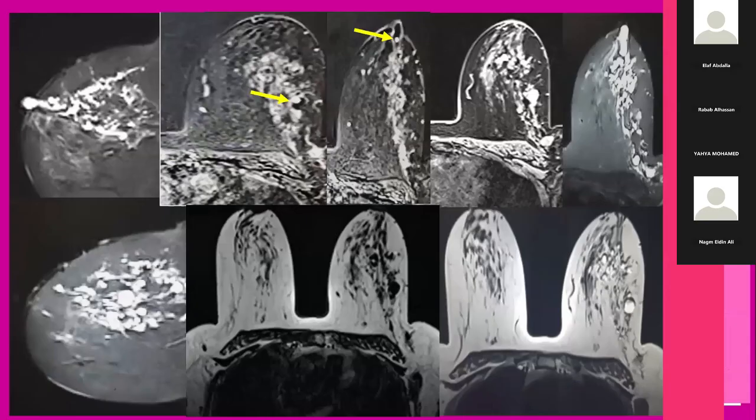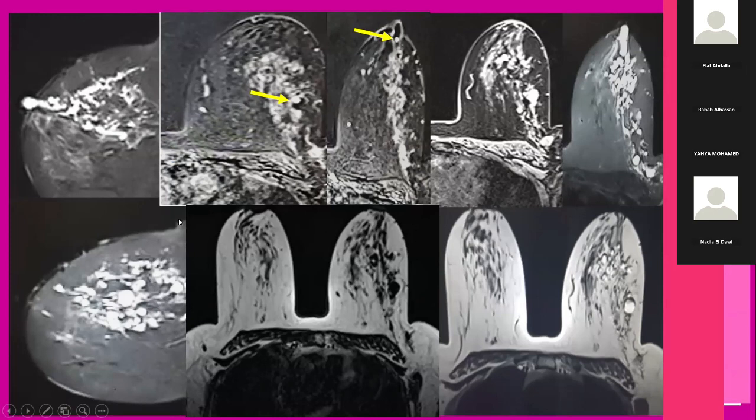And here we can see the MRI demonstrates the same segmental ductectasia, okay, which is complex. Can you see the segment in the axial and in the sagittal T2, and here, okay, this is the T2 non-fat-sat, and the component seems to be very bright, suggesting that it is a cyst, okay, low on T1.